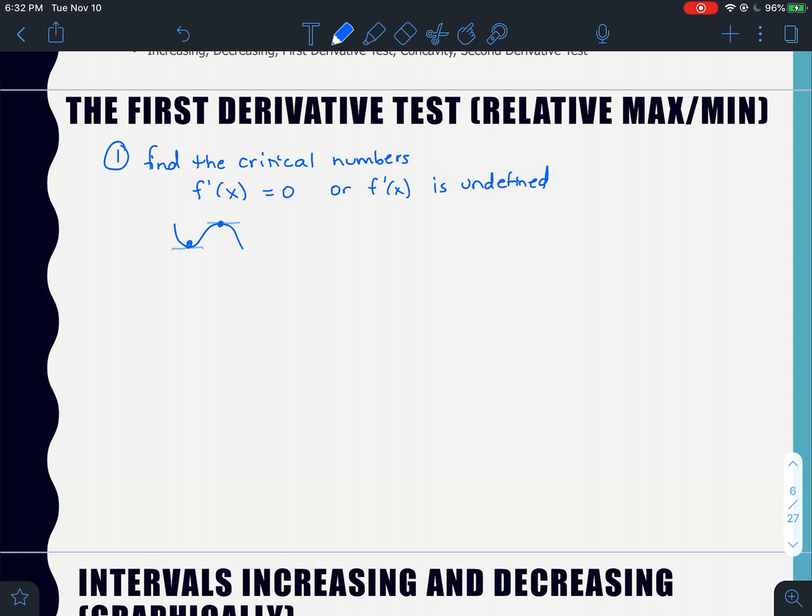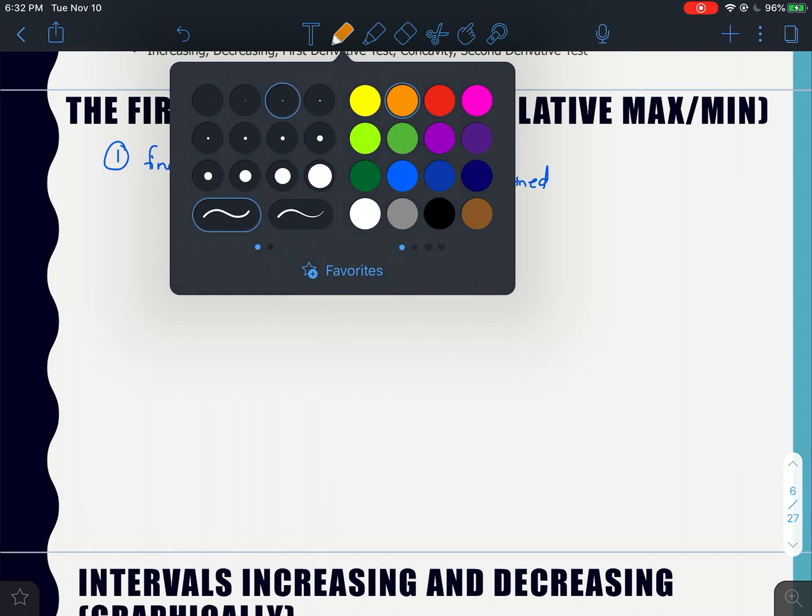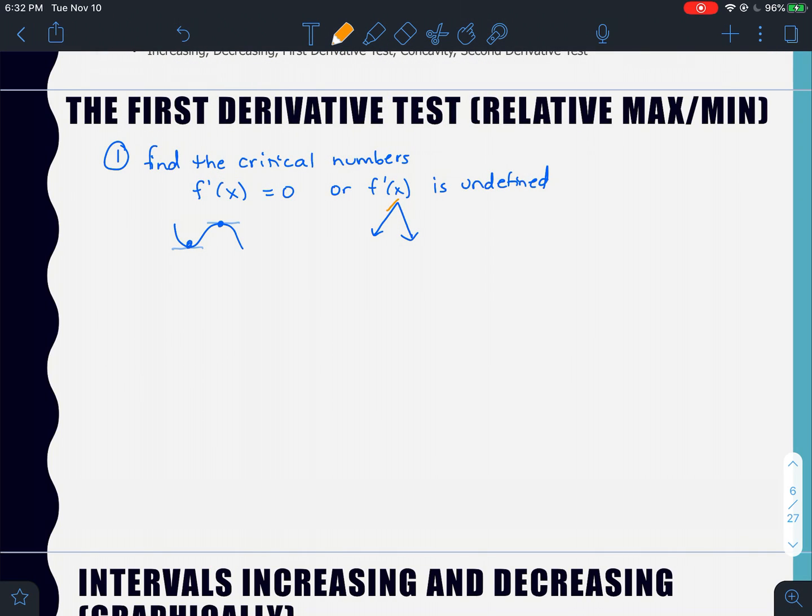So obviously that would have a relative min or a relative max when the slope of its tangent line is 0. It could also have a relative min or a relative max where the derivative is undefined, because it could look like an absolute value graph. And notice at the top of that absolute value graph, the slope is undefined because one slope's positive and one slope's negative. So there, the derivative would be undefined.